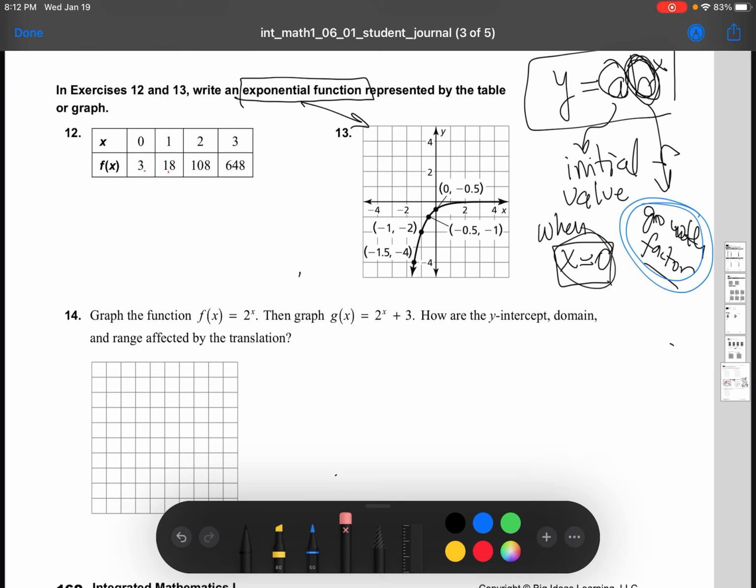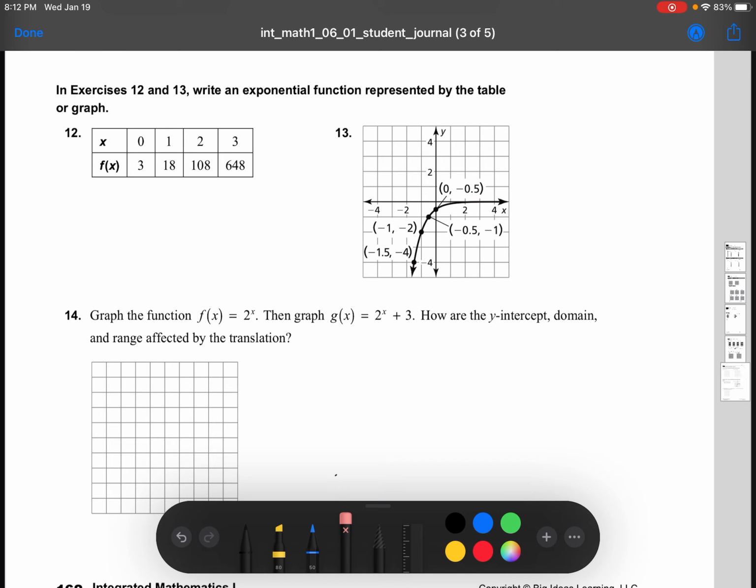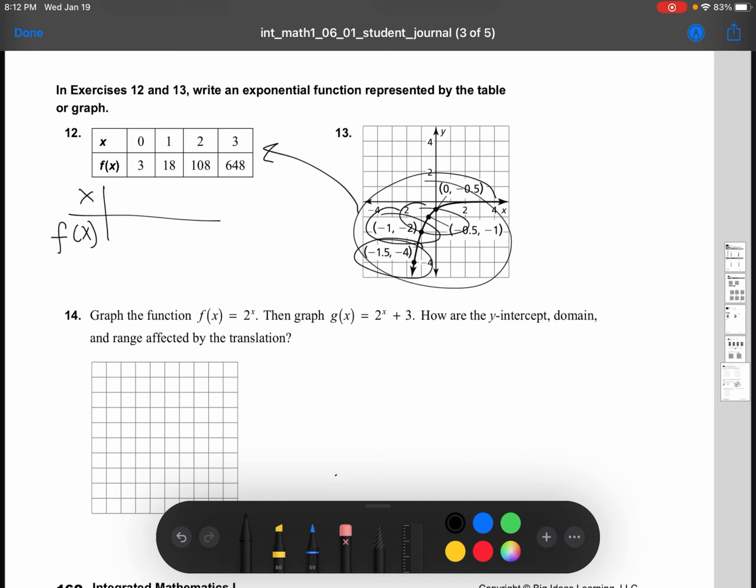Again, if there was something missing in here, just pause it, go back. When you are trying to find out the equation of an exponential function using a graph, we can go from a graph and convert it into a table. Can you see the values here? All right, let's do this. So x and f of x.